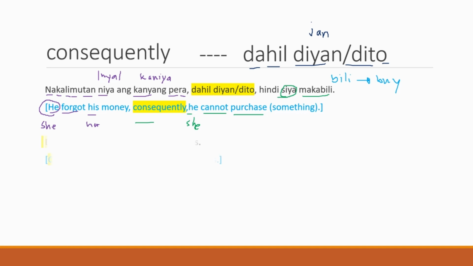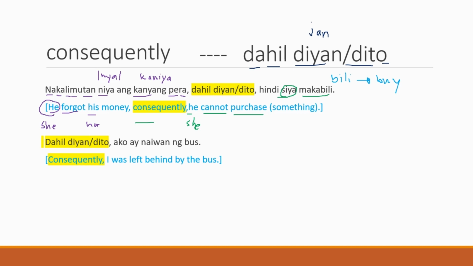The next example is, dahil dyan, dahil dito, ako ay naiwan ng bus. Consequently, I was left behind by the bus. So, let's take it slow. Dahil dyan or dito, consequently, ako, I was left behind. Naiwan. Left behind.